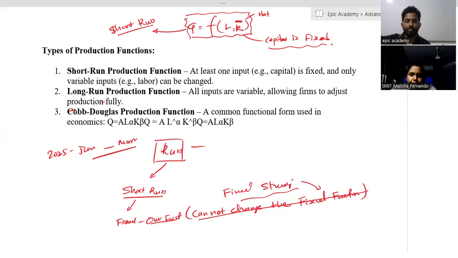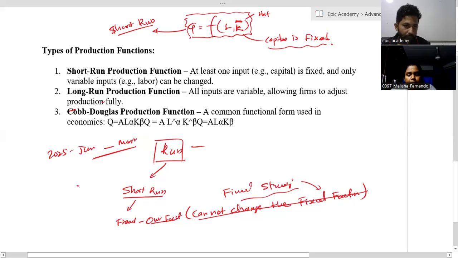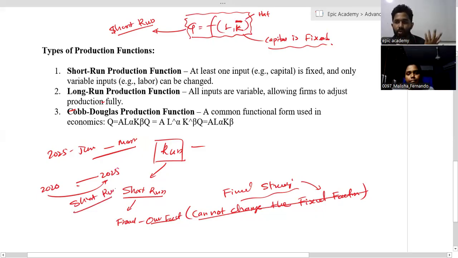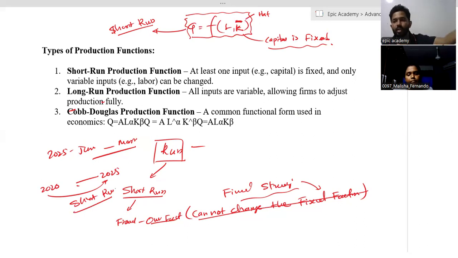If their earnings are enough to cover the variable cost and fixed cost, they can change it. Yes, but some companies start from 2020, still they are conducting their production in 2025, but still they are in the short run, isn't it? It can happen because their earning is not enough to cover the fixed cost. That is why they are still running on the short run production process.